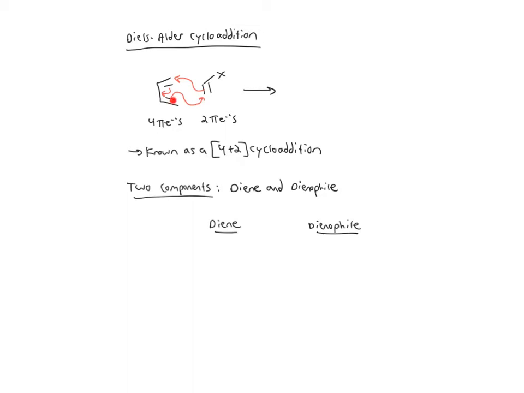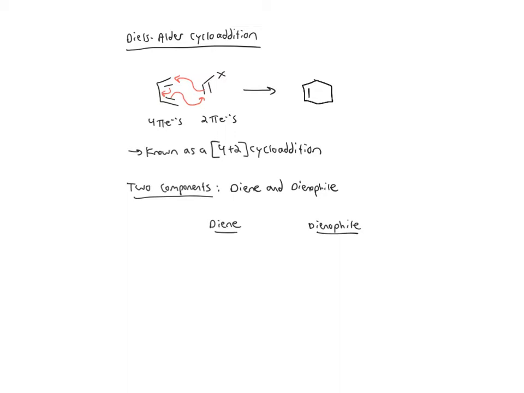The pi bond at the bottom is going to attack the carbon of this molecule here. This pi bond is going to make a sigma bond at the top there, and then this pi bond is going to make the new pi bond. This should look very similar to what we saw in the previous video, except now we have this X group on there, and we're going to talk about why it is there. But we do need that group there for Diels-Alder reactions.